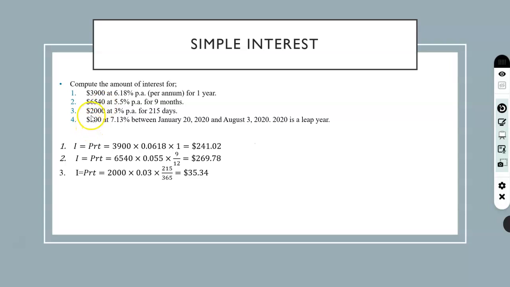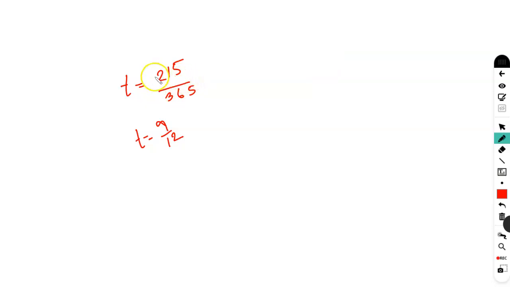Now you have the third one, which is $2,000 at 3% per annum for 215 days. For 215 days, there are 365 days in a year. So you will convert that 215 to number of years by taking T equal to 215 over 365.